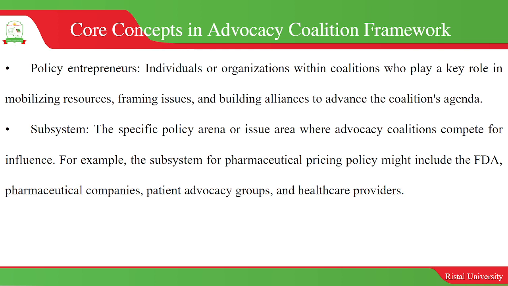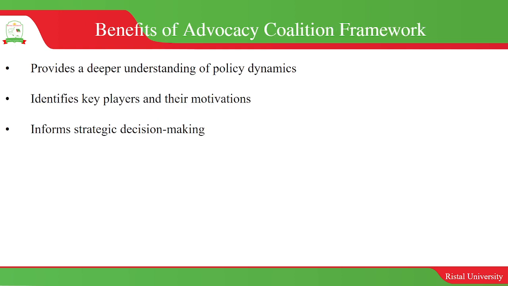You can have those who are owning hospitals, pharmacies, imaging centers, nursing homes, medical schools. So what are the subgroups or the subsystems within that coalition? It's very important to also look at them in detail.